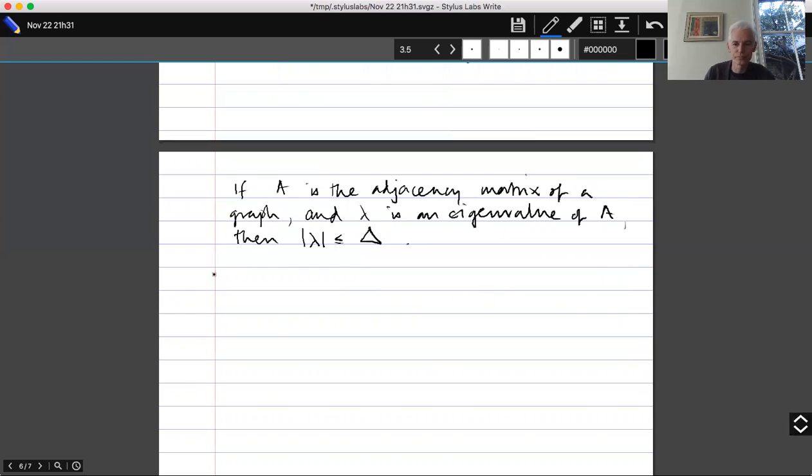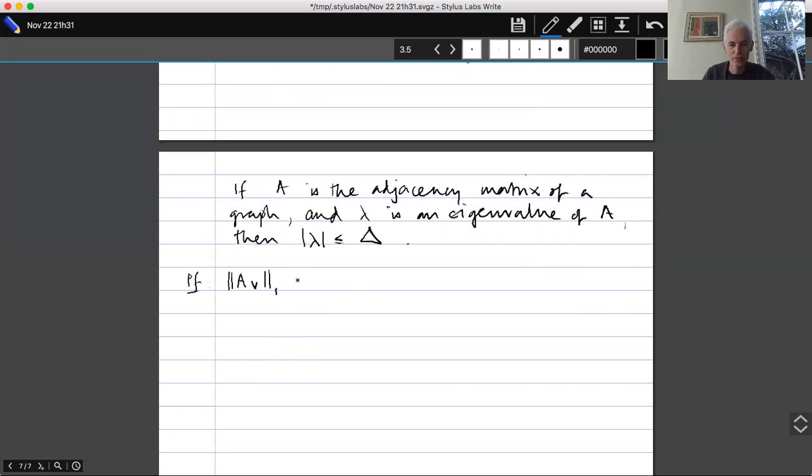So proof: we'll look at the L1 norm. So instead of looking at the infinity norm, where before we looked at the maximum value, I'm going to look instead at the L1 norm.